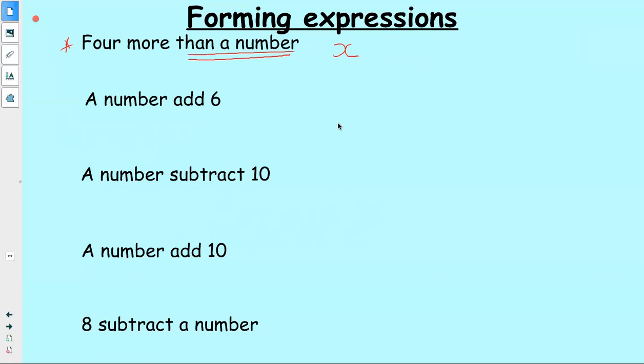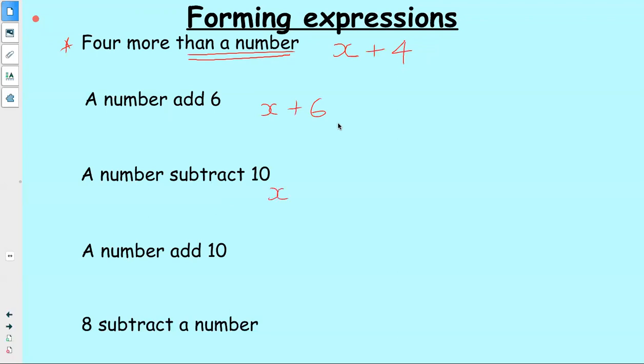So 4 more means I'm going to add 4. So my expression would be x plus 4. Next one, a number add 6. Again, I'm going to use the variable x, and I'm going to add 6 to it, and that's my expression. Next one, a number subtract 10.